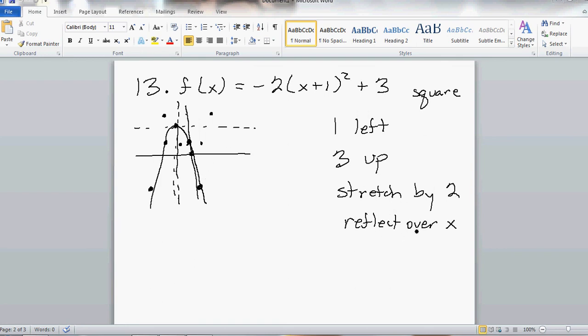Reflecting over the x, I should have it going down, and the vertex, everything should be shifted 1 to the left and 3 up, and it is. If this was the original vertex, I've shifted 1 to the left and 3 up and gotten it there. So everything falls into place. But you do need to be careful and make sure that when you actually have a grid or graph paper, you can actually get these a whole lot more accurate.